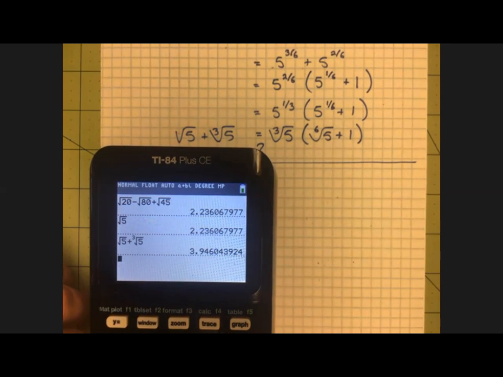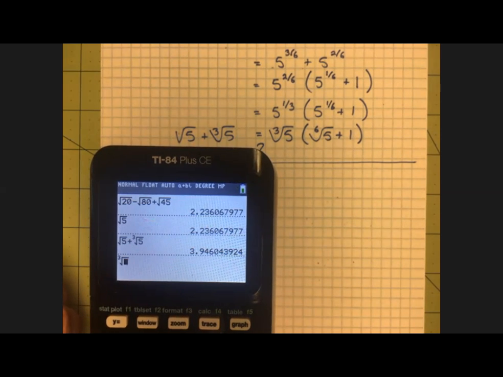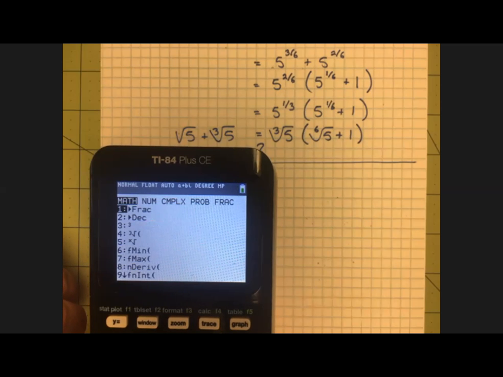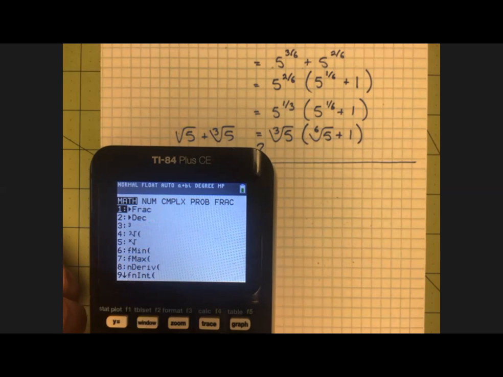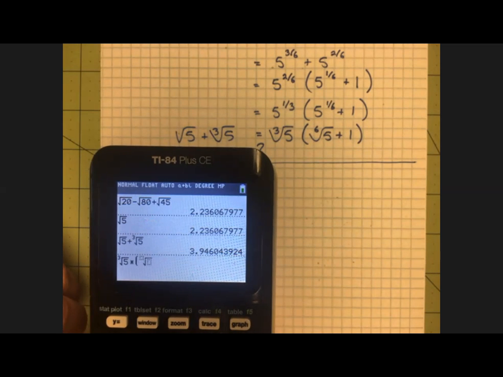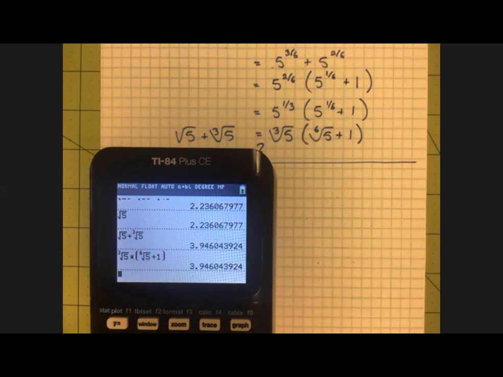Okay, so cube root of 5 times parentheses the 6th root of 5 plus 1. It's the exact same number.